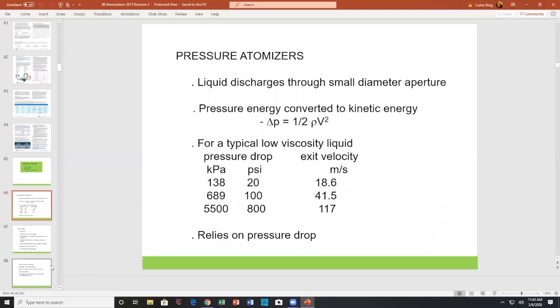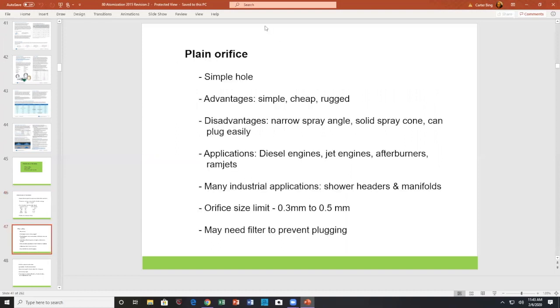Basically, pressure nozzles work on pressure drop. Pretty simple. You're changing pressure drop into kinetic energy or velocity, basically. It gives you a little table. Basically, you just have a simple hole. Cheap, rugged, disadvantage, narrow cone angle. Diesel engines, afterburners.